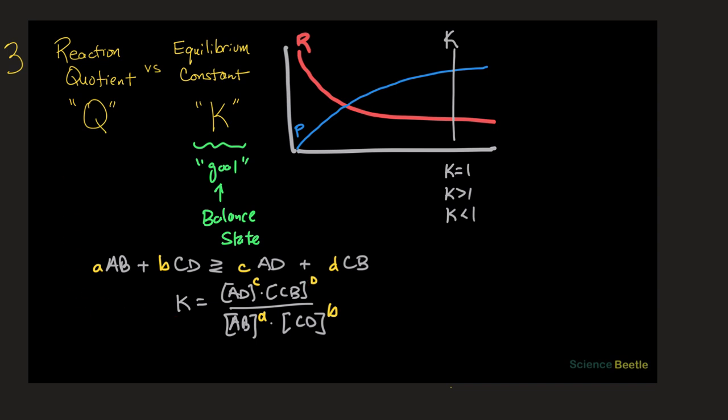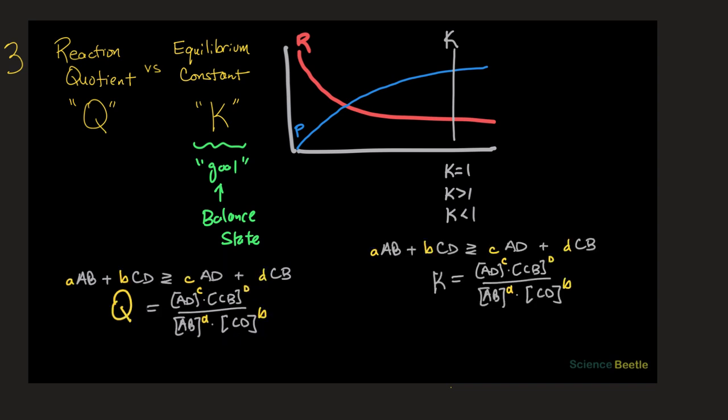Well, the reality is that we can use the exact same format, and instead of using K, literally we can just come in here and replace this with Q. It's the same exact setup in terms of the expression, but what you're going to be doing is calculating Q instead of K. So rather than doing this, let me go ahead and back up, show both equations on both sides so that I can illustrate the point a little bit further here in the example that I'm going to provide next.